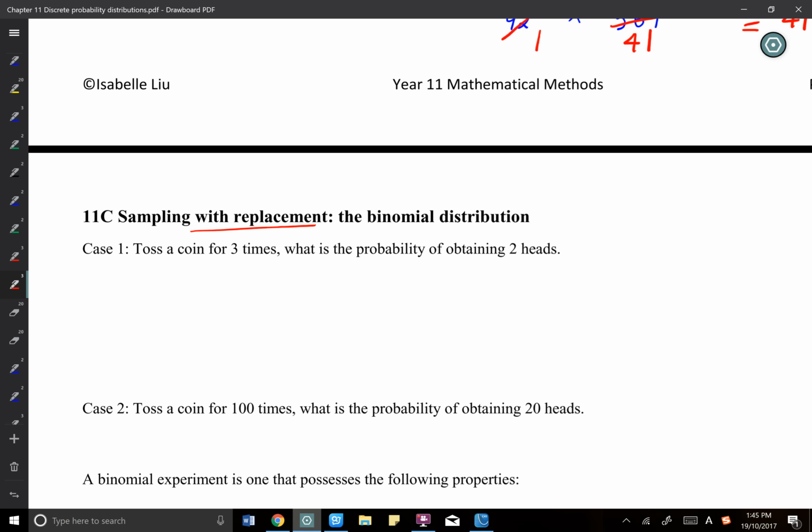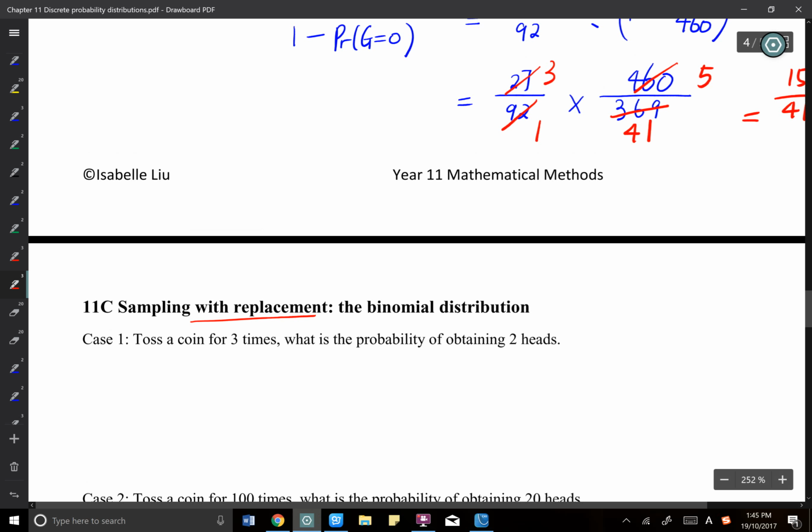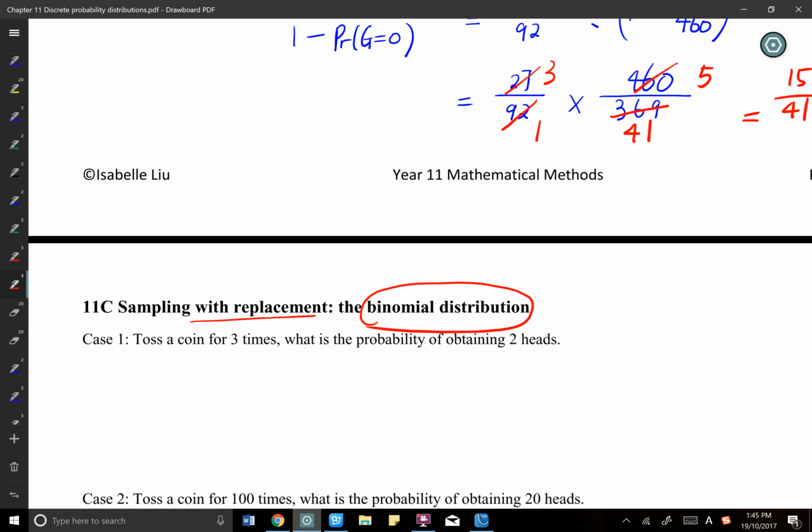That's the hypergeometric distribution. And for this one, with replacement, this is called the binomial distribution. Two distributions we learn: one is called hypergeometric, the other one is called binomial. Binomial is with replacement, and hypergeometric is without replacement. All right.